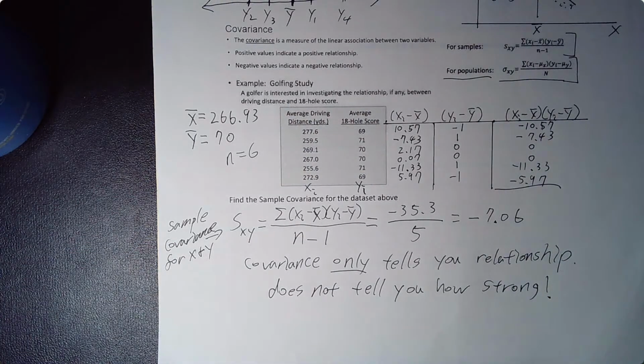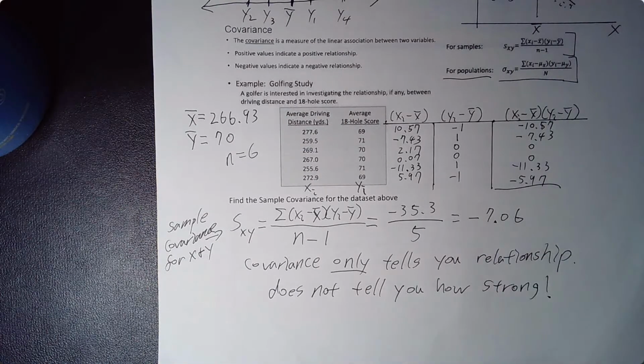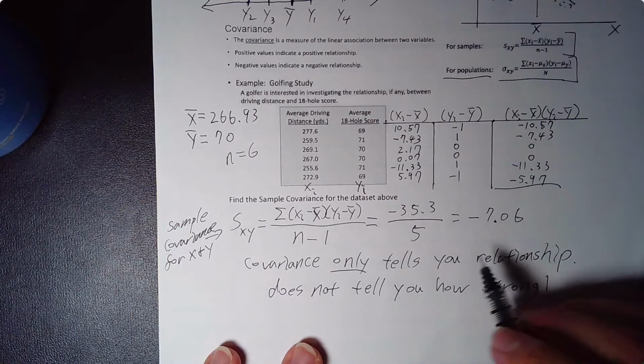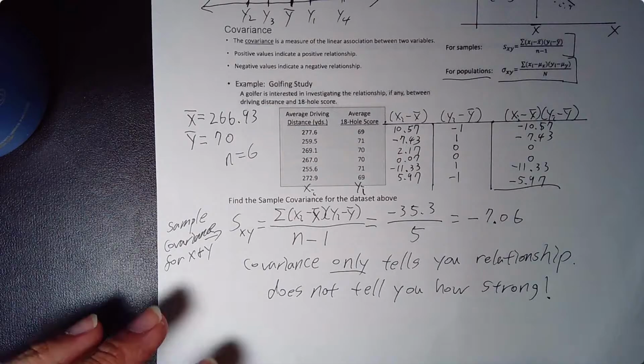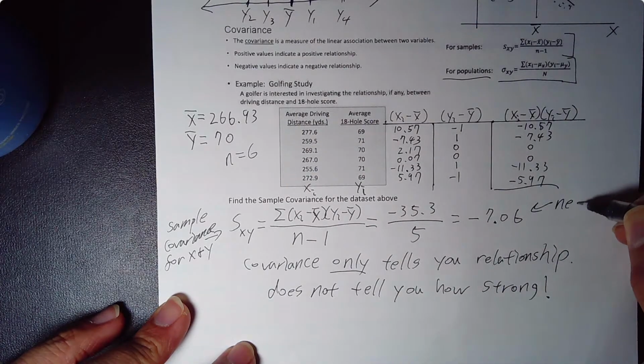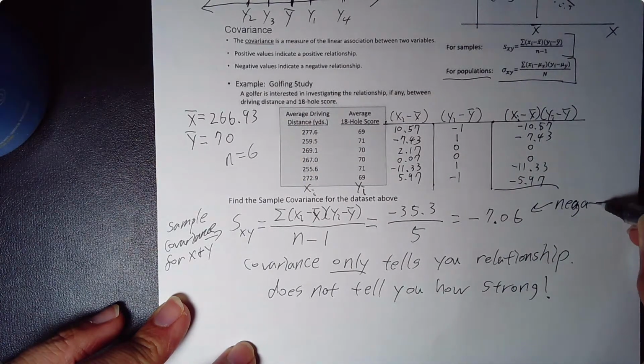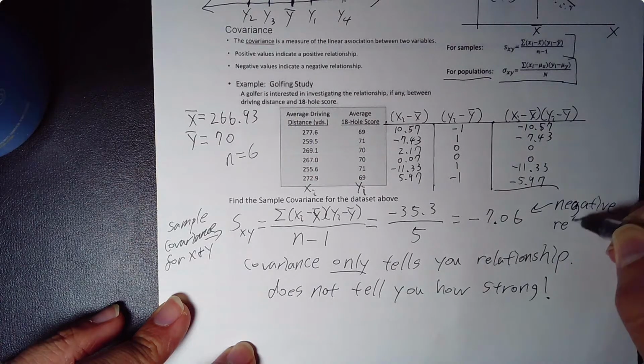It does not provide you context. So you could not say -7, oh my gosh, that seems like a lot. There's no strength to this number. So if it's negative, the only thing you can say is that there's a negative relationship.